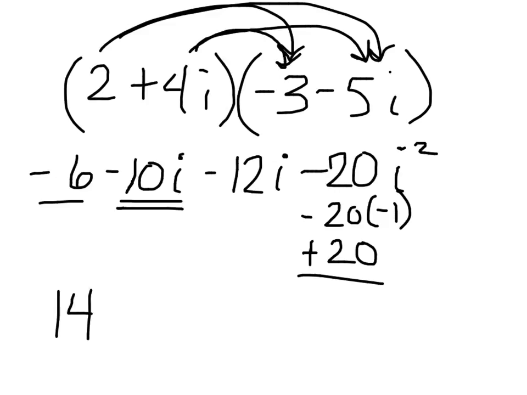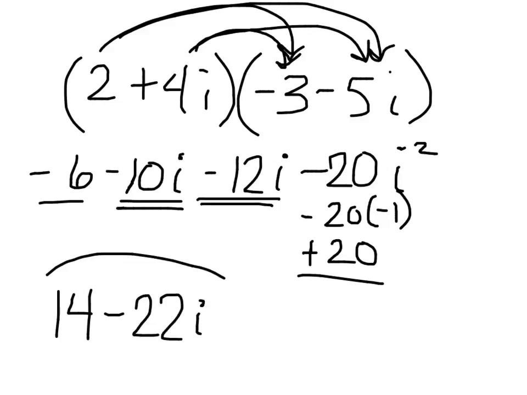And what's negative 10i minus 12i? That's number 10. Are you guys okay with the i's? Think about what I told you guys. 6 and 7 is simplifying i's. So if you can do that, those would be some easy ones.